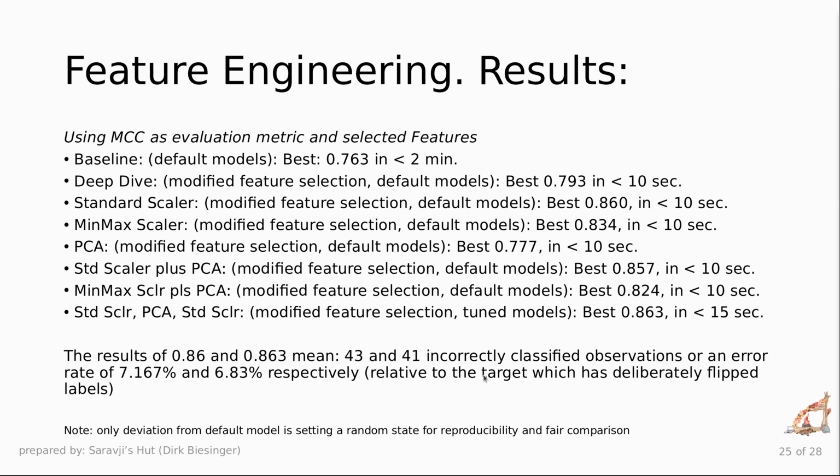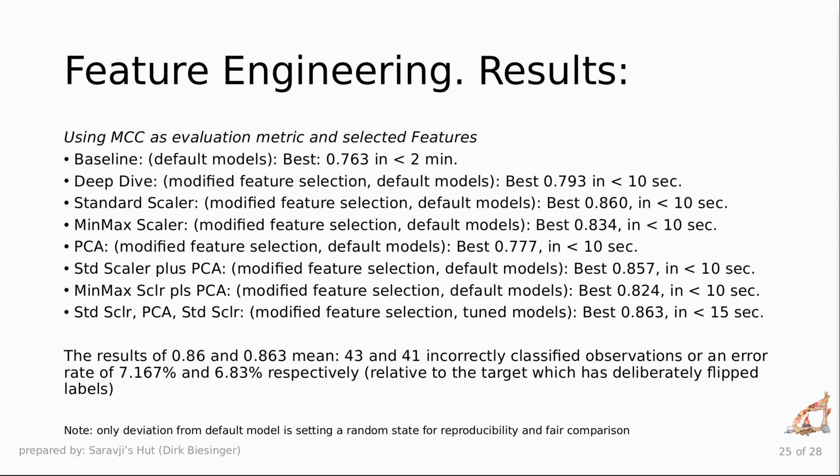Now it is important to understand this data set, and what this means is that we are around 1 or 2 observations incorrectly classified. The data set actually has included errors in the prediction.